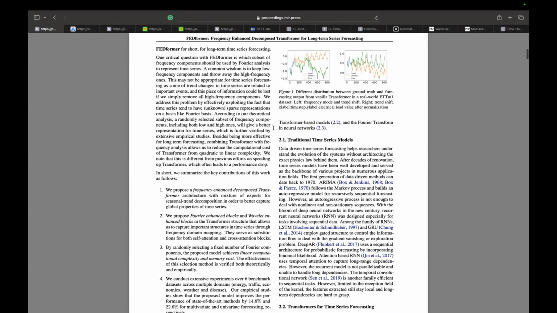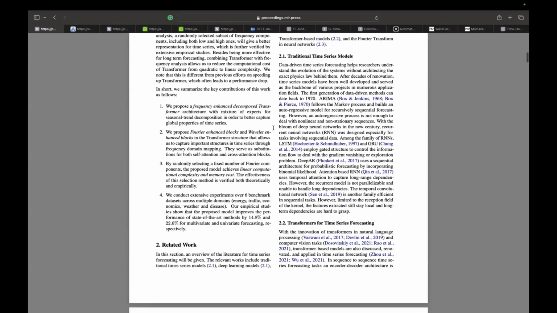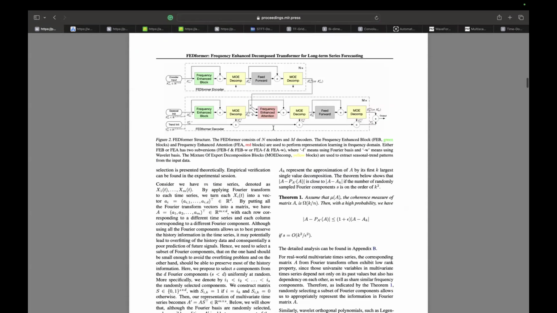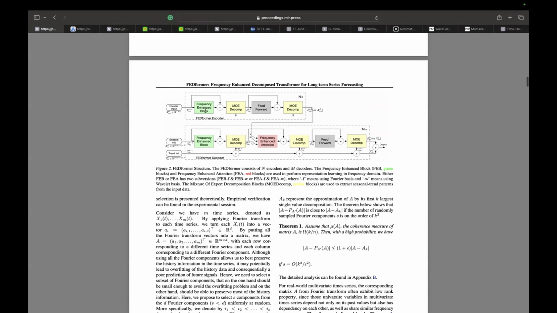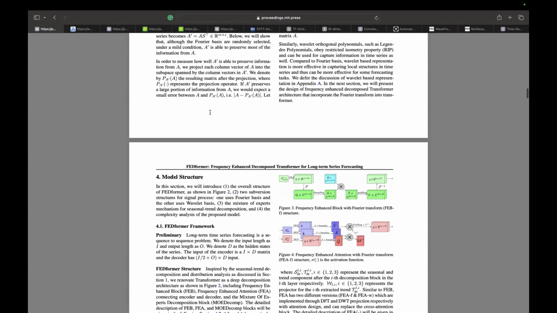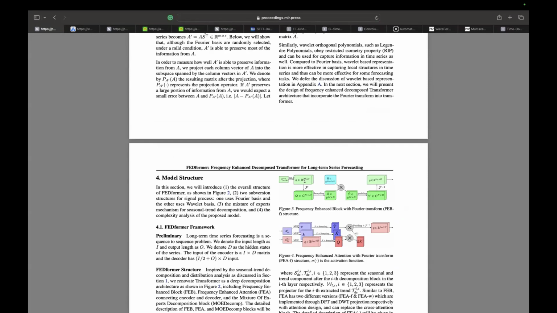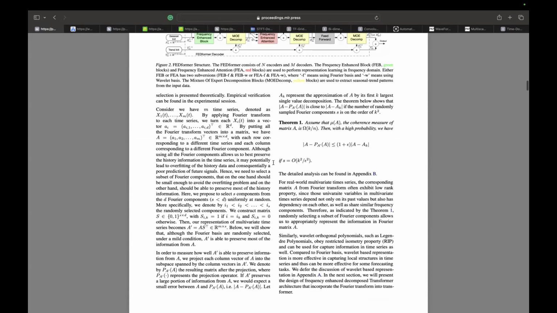I've not read them in detail, but they have this frequency enhanced block. So what they're probably doing is they're taking the Fourier transform of the signal, then they are filtering that signal and doing inverse Fourier transforms or something like that.